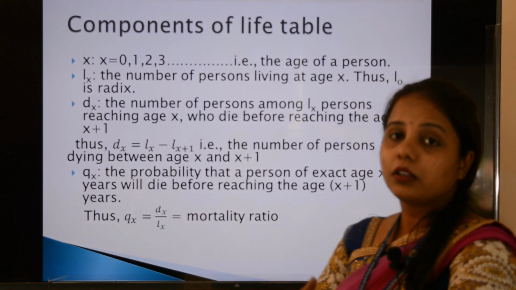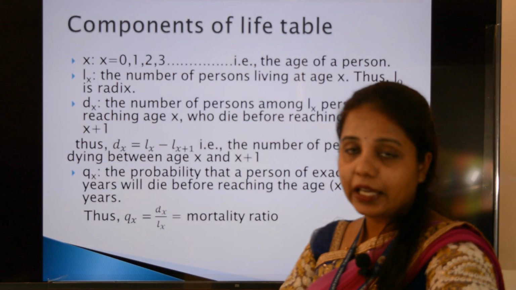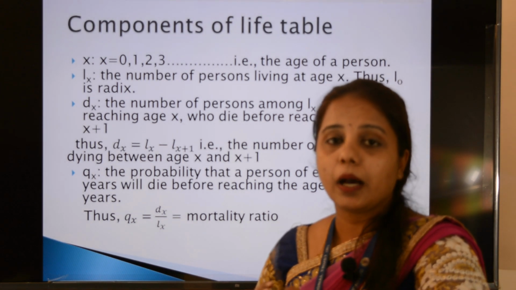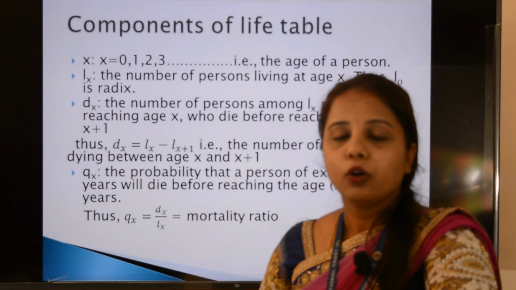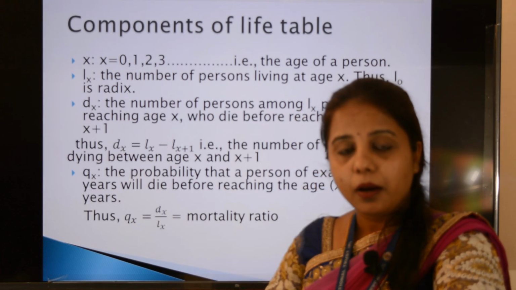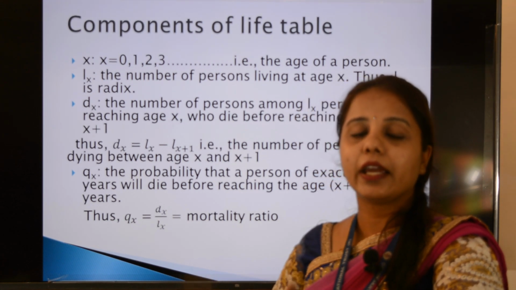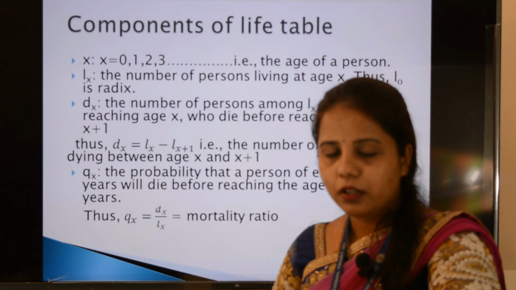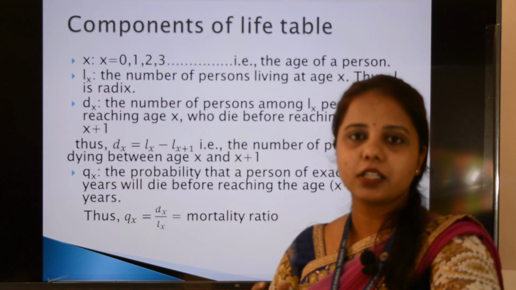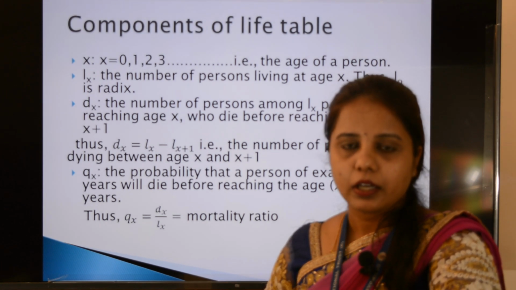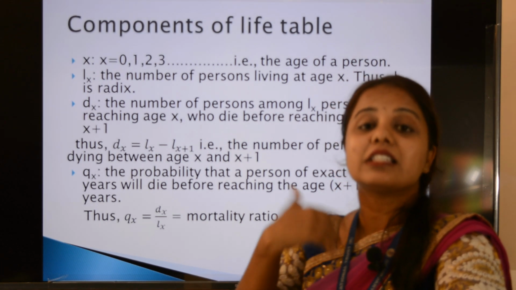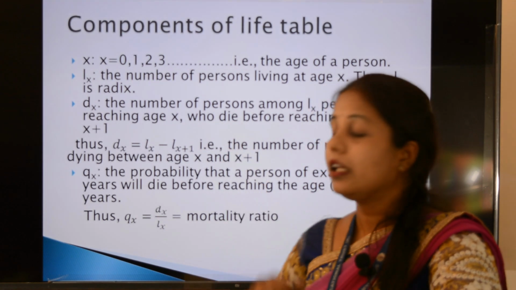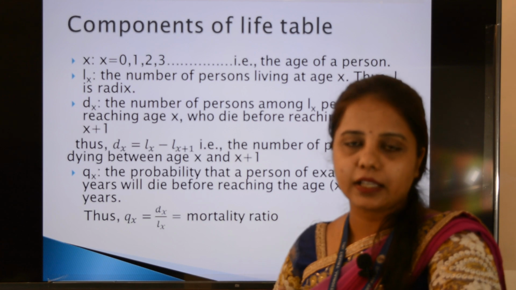Then the next one is dx. Here dx means the number of people who are going to die before reaching the age x plus 1. Example, suppose a person is 20 years old and doesn't reach the next age of 21 years, then he comes under this dx.